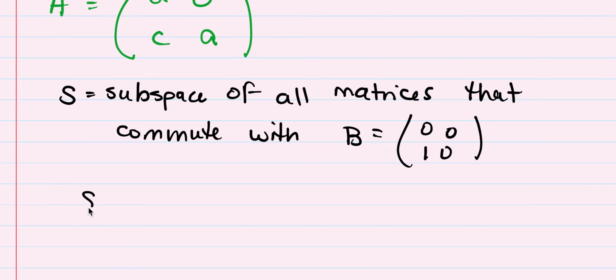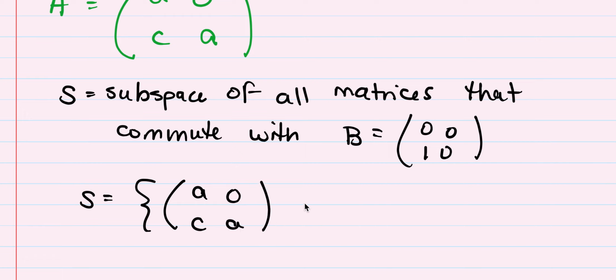Then S is going to be equal to the set of matrices A, 0, C, A, such that A and C are real numbers. So this is one way to write the subspace.